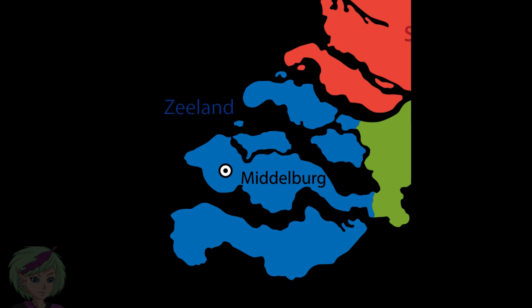The province of Zeeland is actually very obviously named. Zee means sea in Dutch, and basically it's a group of islands completely surrounded by sea, except of course for the border with the province of North Brabant, which you see on this map.